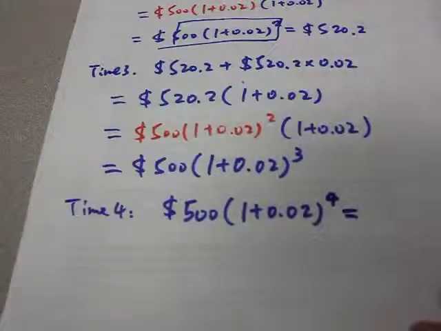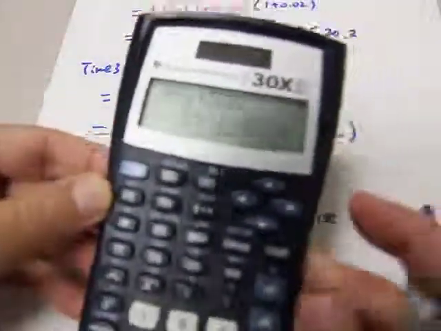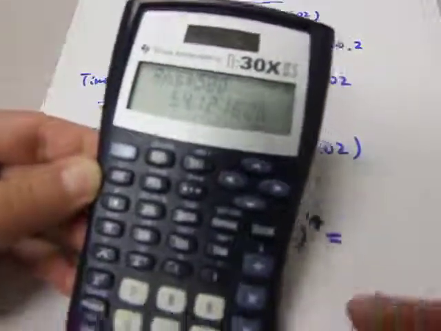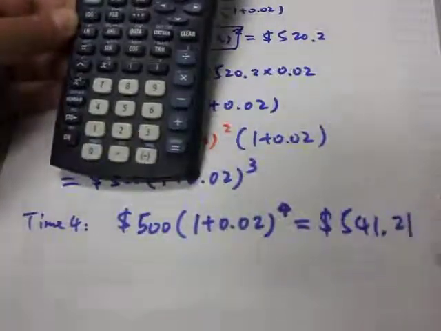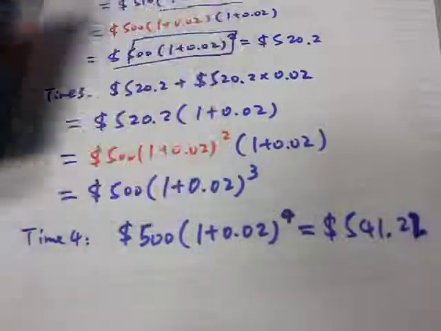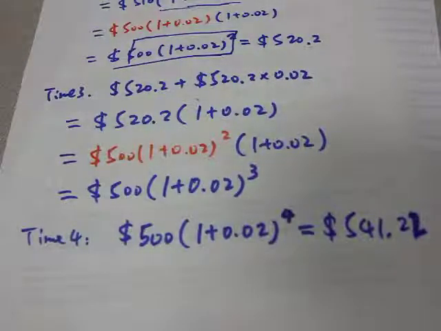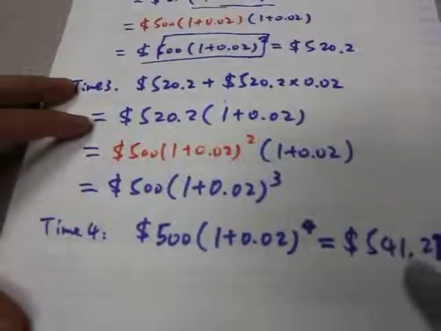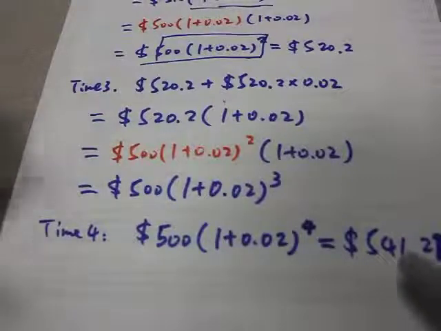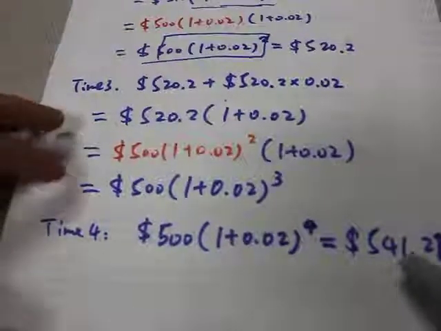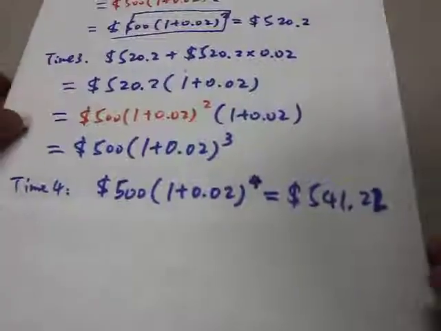And if we calculate this, it will be around 541.22. So this will be the amount of money accumulated at the end of the second year, when the interest rate is compounded semi-annually.